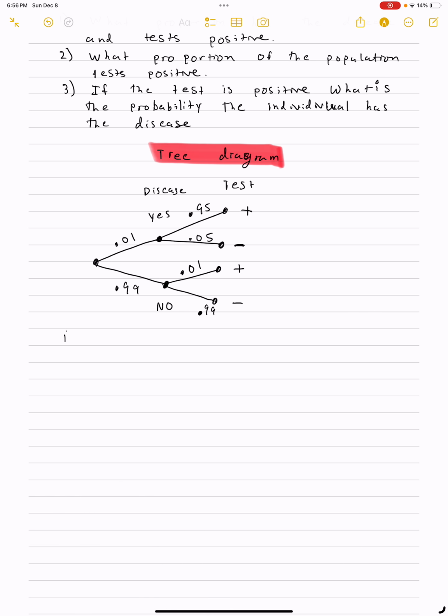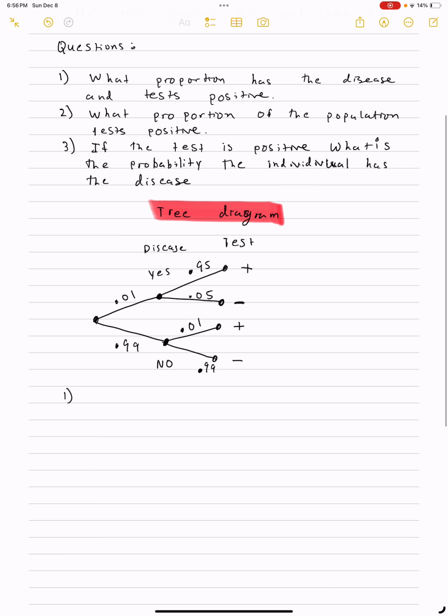So in number 1, it asked this question: what proportion have the disease and test positive? So this is asking the probability that the disease is yes, and the test is positive. There's a keyword here, which is an "and". We have to use the general multiplication rule.